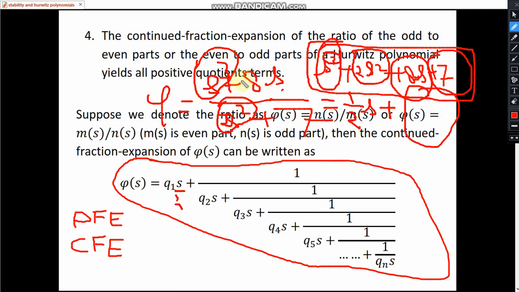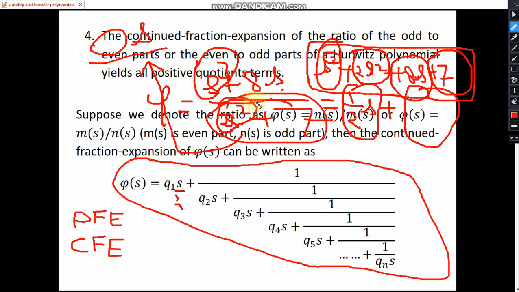Now this something will be nothing but something into s divided by this denominator. Now after removing this term, the remainder will have the power in the numerator less than the power in the denominator.